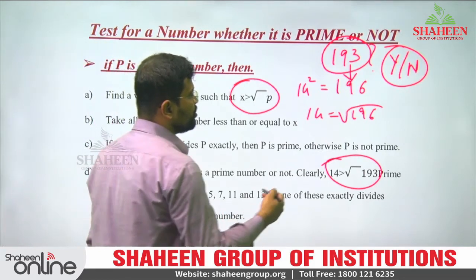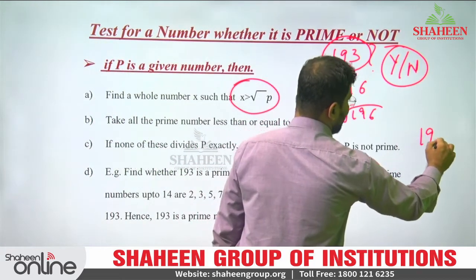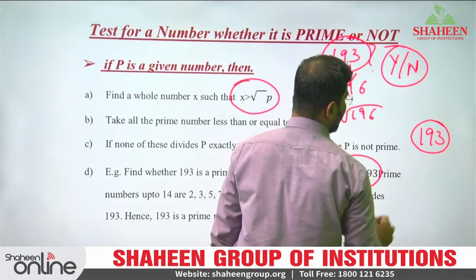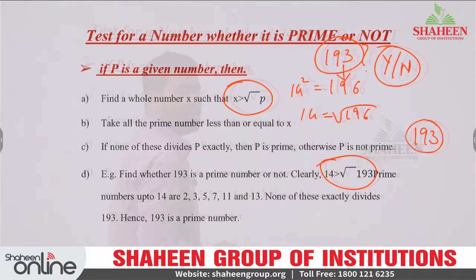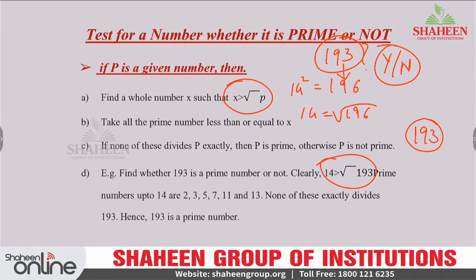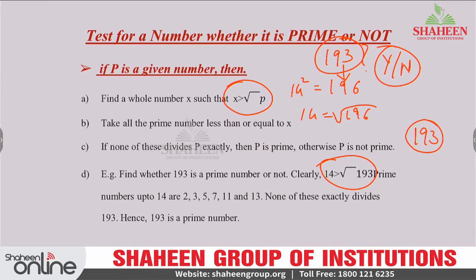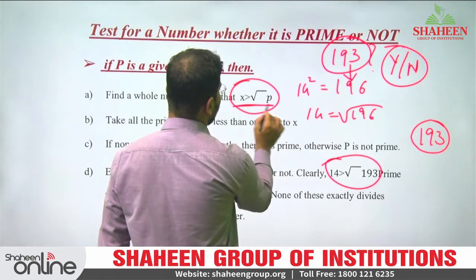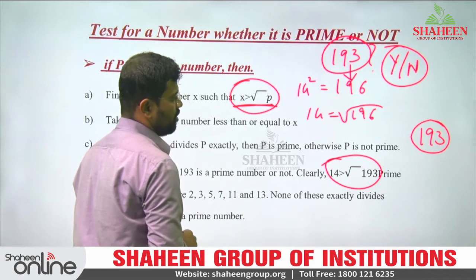We need to check whether 193 is divisible by any other number, and with which numbers we will divide 193 to identify whether it is prime or not. This is with the help of one simple trick.